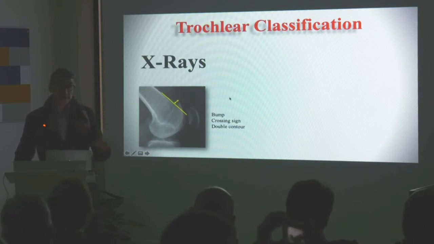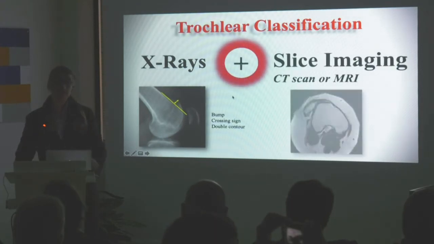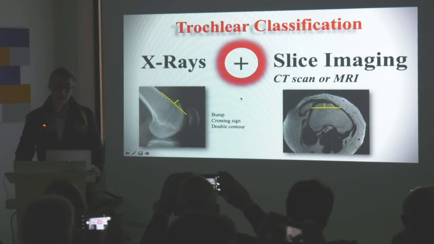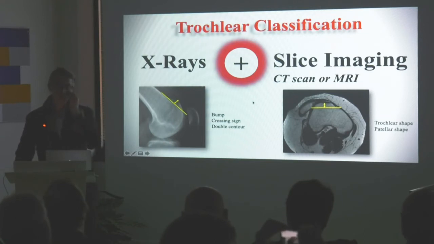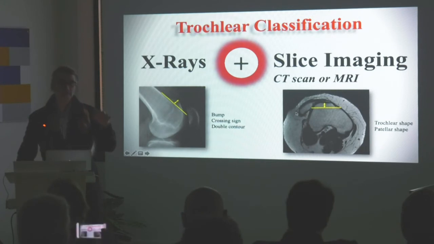And when we did that, we used X-rays and CT scan. So you need to add the slice imaging, CT scan or MRI, because the CT scan and the MRI will show you the shape of the trochlea. It will tell you if it's flat, if it's convex, if it's concave. Okay.